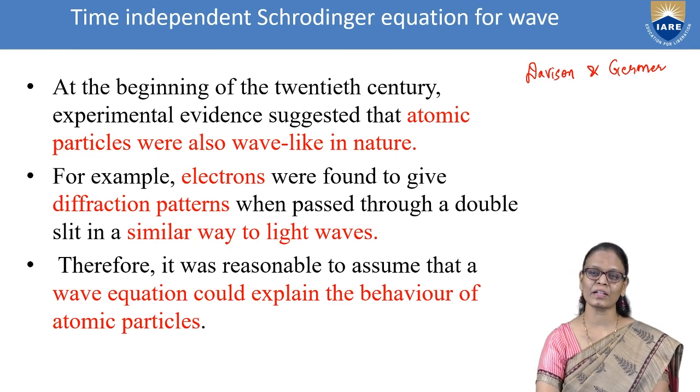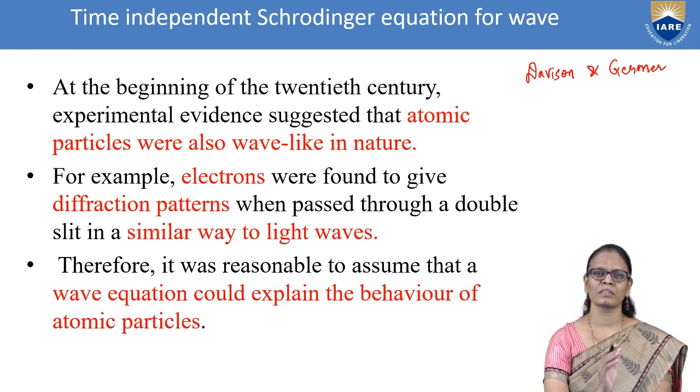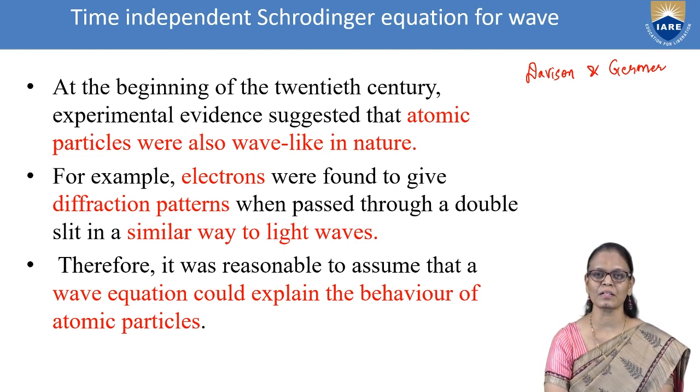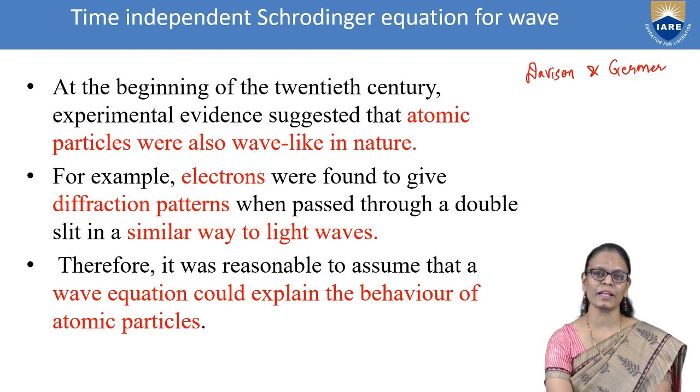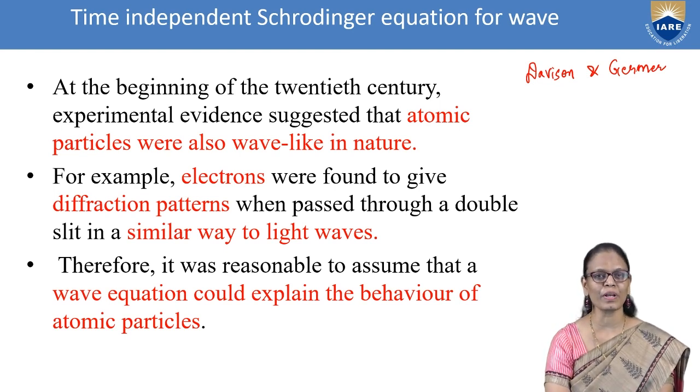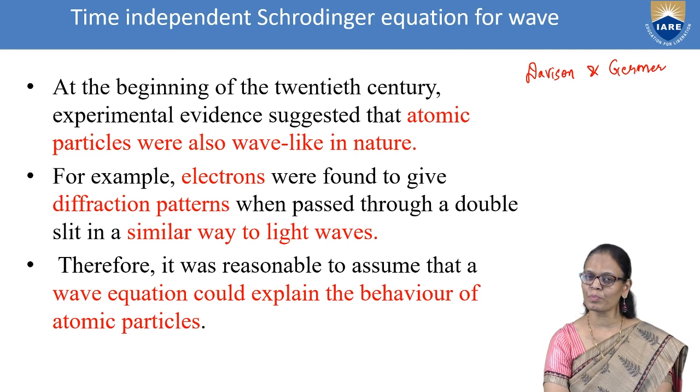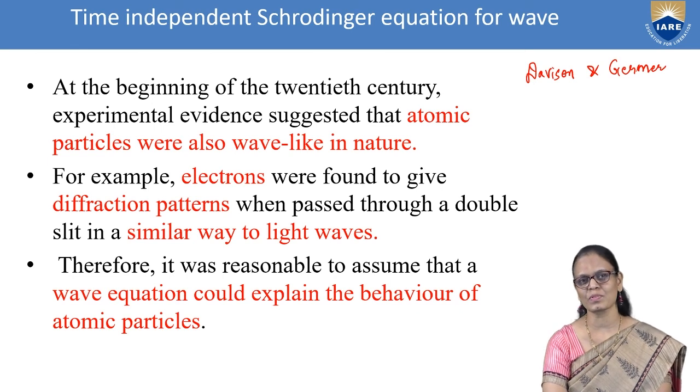But when they encountered that electrons were showing diffraction patterns, they said that electrons can exhibit wave-like nature. They could prove it with the help of the Davisson-Germer experiment.